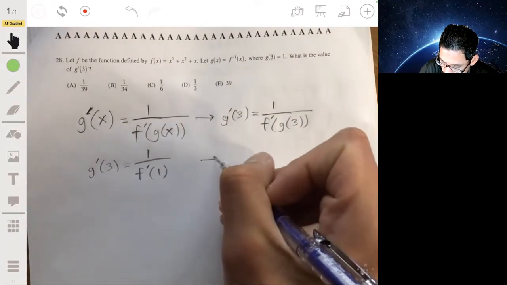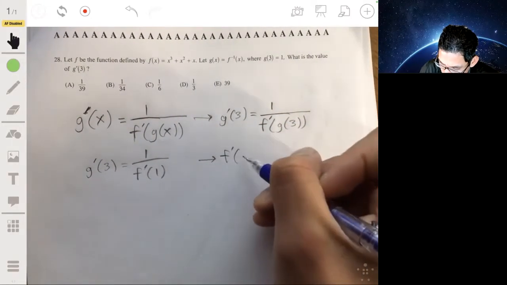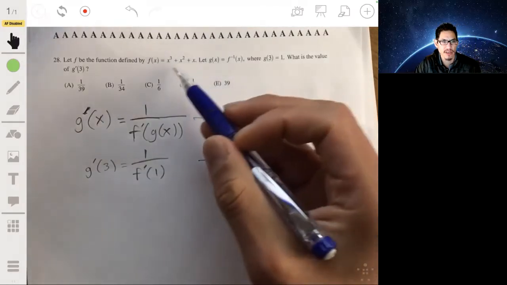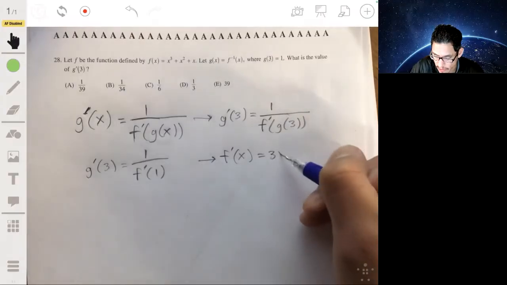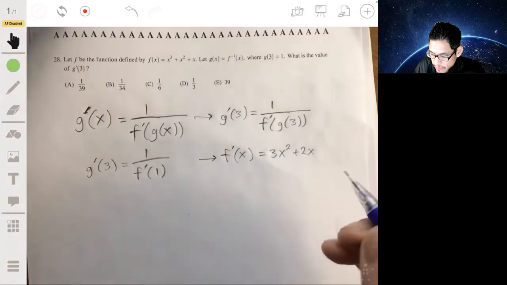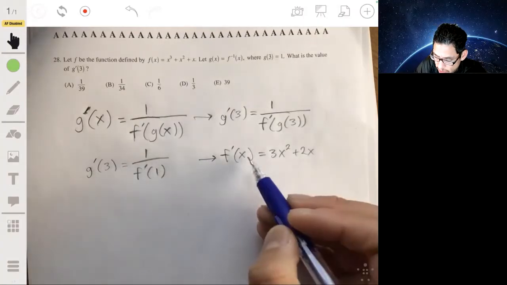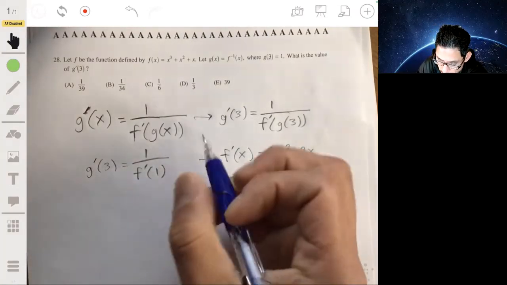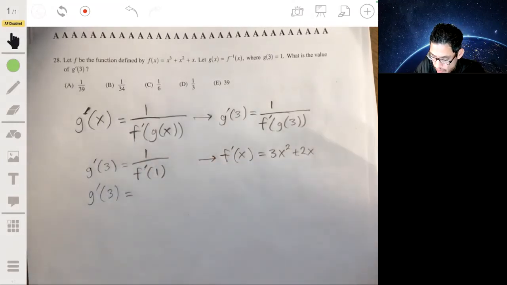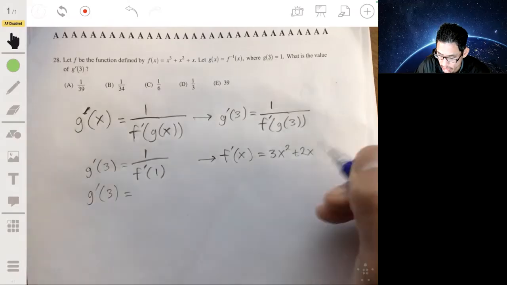And so we just have to now find f prime of x and evaluate it when x is 1. And then it's just algebra. So f prime of x will just be 3x squared plus 2x. And so f prime of 1 will just be 3 plus 2. So g prime of 3 will be, oh, whoops, plus 1.